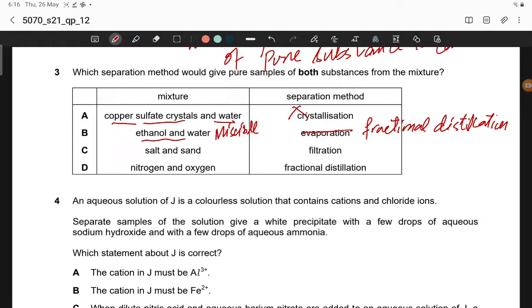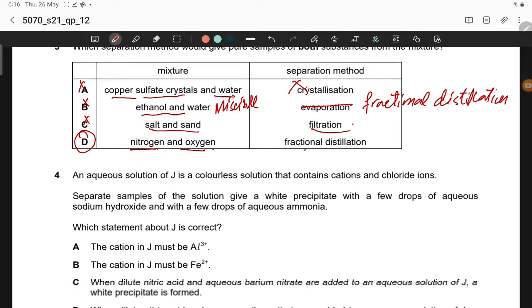Salt and sand cannot be separated by filtration. Nitrogen and oxygen, fractional distillation, because both have different boiling points, so they can be extracted from the air by using fractional distillation. So D is the correct option. Sand and salt is not used for filtration. A option is incorrect. C is incorrect also.